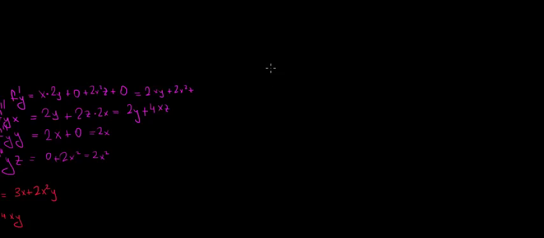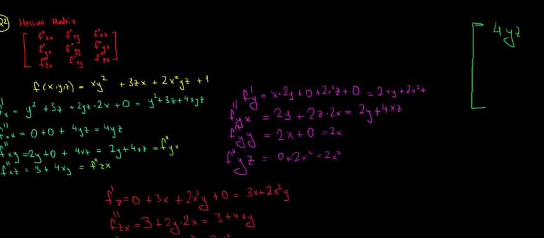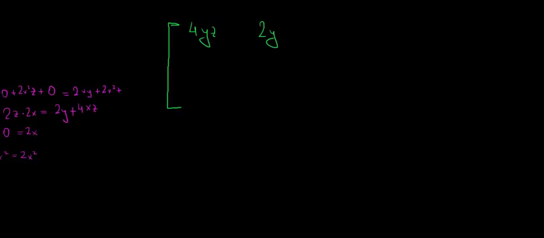Let's just finish off the question by filling in all the second partial derivatives. This step doesn't really matter anyway, just for the aesthetics to have the question finished off. It was 4yz and then 2y plus 4xz. Wait a second. Yes, 2y plus 4xz.